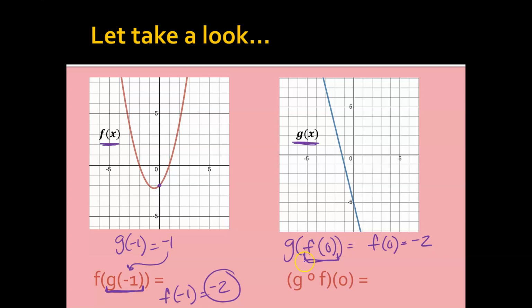So now I'm going to replace f of 0 with -2. So now I'm looking for g of -2. So I go to my g graph. When x is -2, which is right here, y is going to be 3. And that's your answer. Okay?